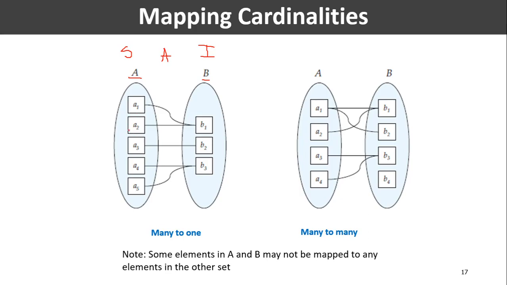So from student to instructor, this relationship set advisor can be seen as many-to-one. One student is related with at most one instructor, whereas one instructor can be associated with any number of students including 0.